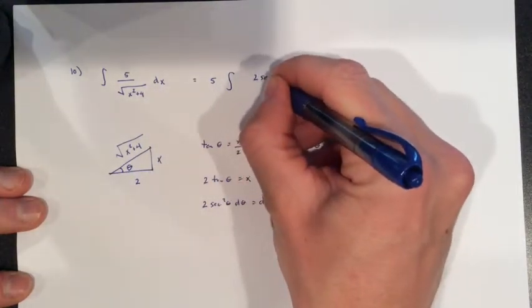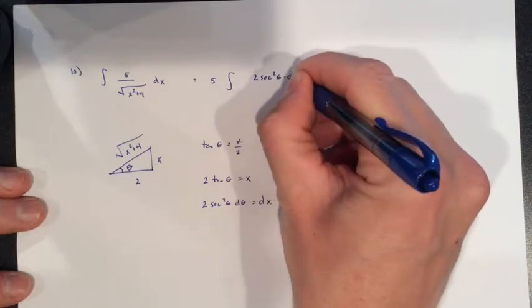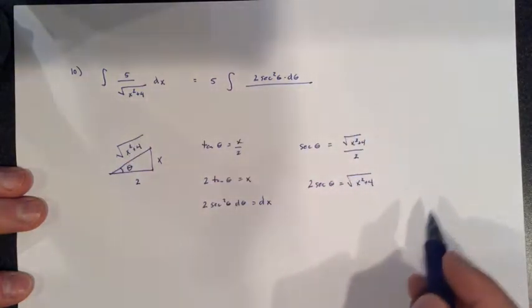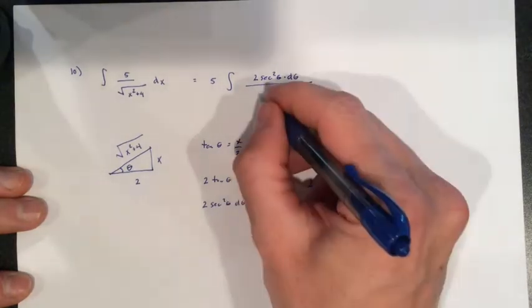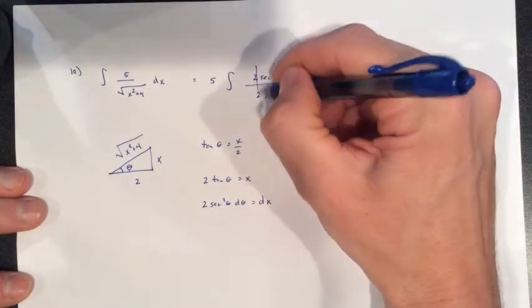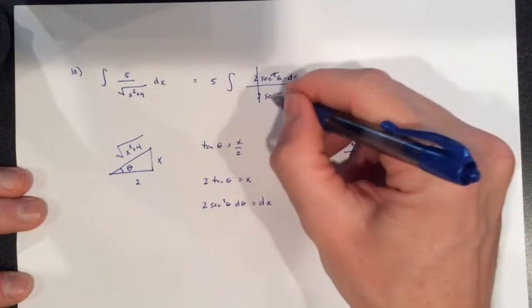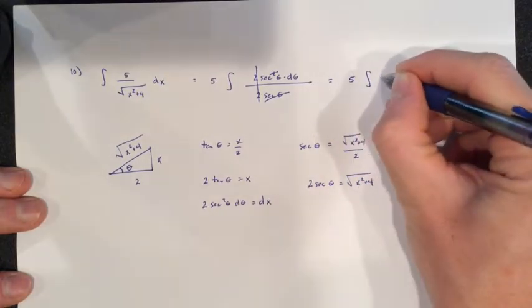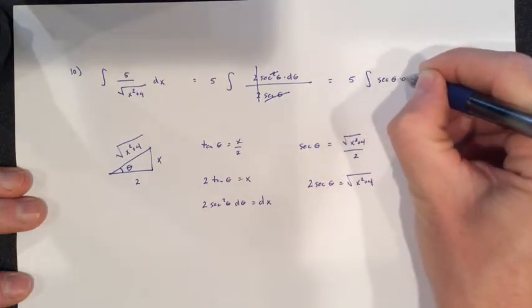So 2 secant squared theta d theta, I substitute in for dx, and then the square root is right here. 2 secant theta. Okay, those 2 cancel. That power of secant cancels, and so realistically I have 5 times the integral of secant theta d theta.